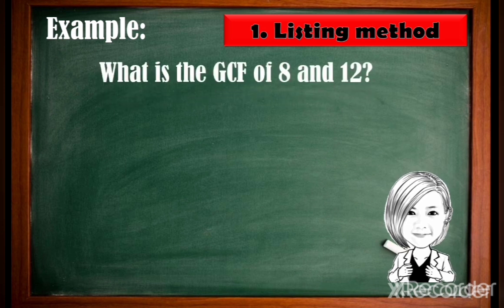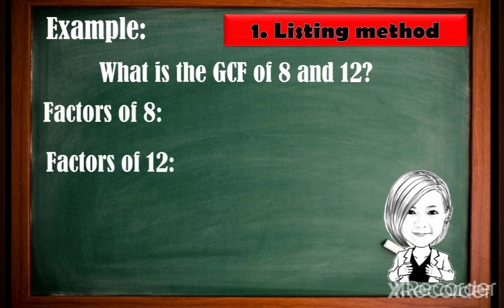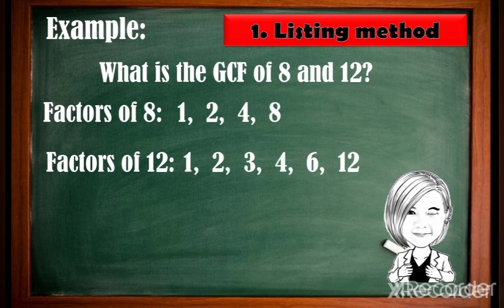What is the GCF of 8 and 12? From the word itself, listing, ibig sabihin, ililista lang natin ang factors ni 8 at ang factors naman ni 12. Factors, ibig sabihin, yung number na pwede nating i-divide kay 8 at kay 12. Para sa 8, 1, 2, 4, and 8. At para naman sa 12 ay 1, 2, 3, 4, 6, and 12.